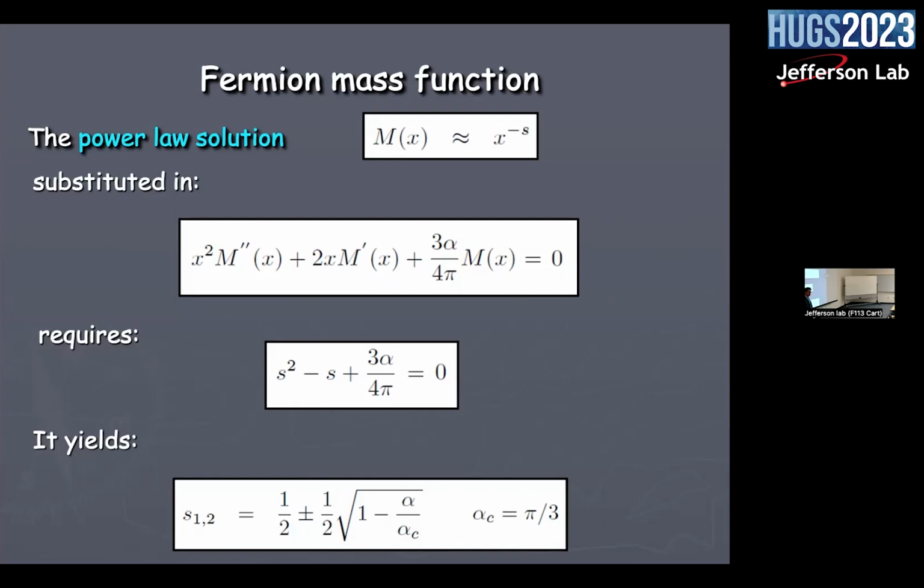What is interesting to see is that this number is differentiating between two regimes. Below this, there is one solution, and above that, there is another solution. Okay? What we will eventually find is that below this number, we only see the perturbative solutions. And above that number, we see a non-perturbative solution where the mass function can become complex.